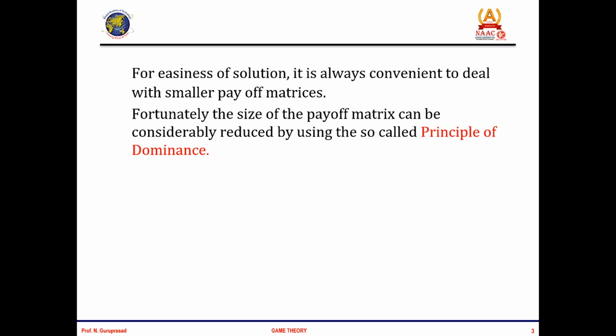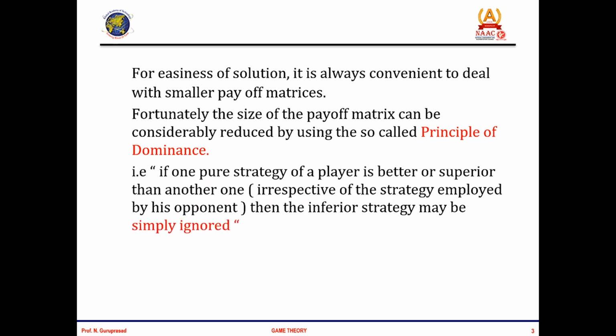Now, why is this principle of dominance required? For ease of solution, it is always convenient to deal with smaller payoff matrices. Fortunately, the size of the payoff matrix can be considerably reduced by using the so-called principle of dominance.